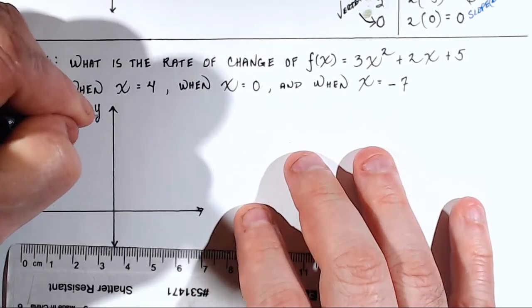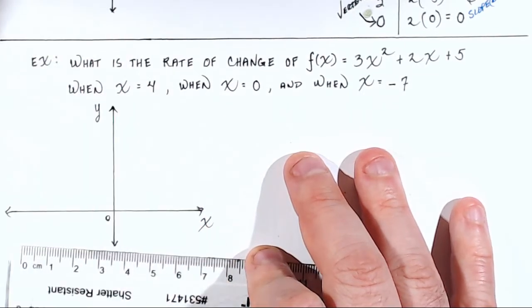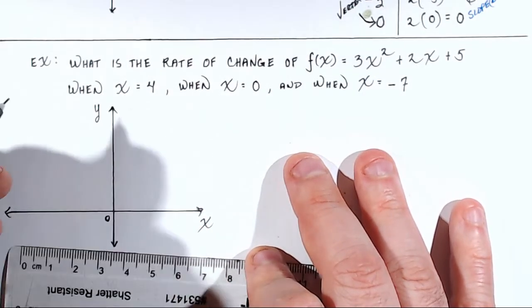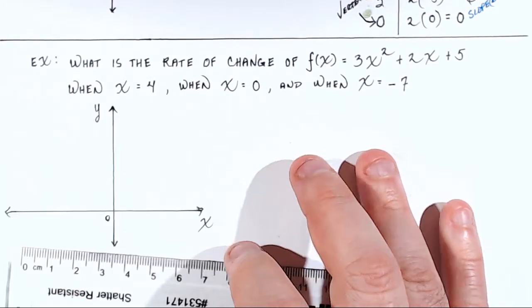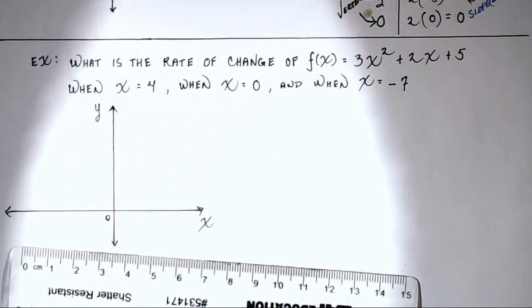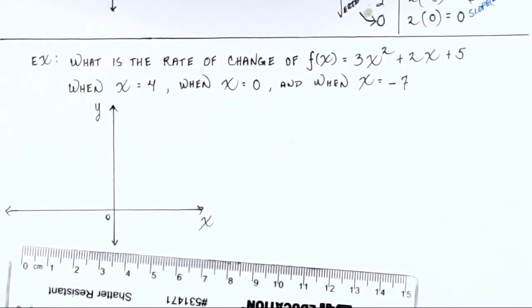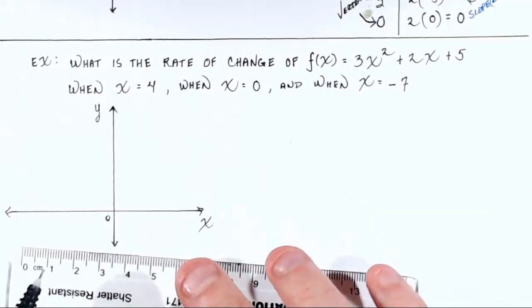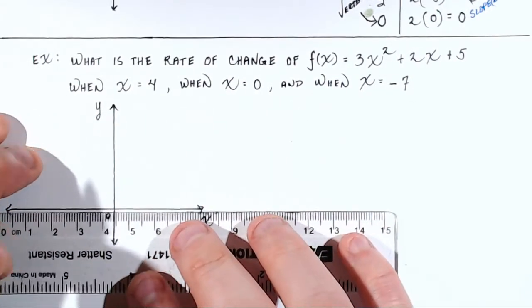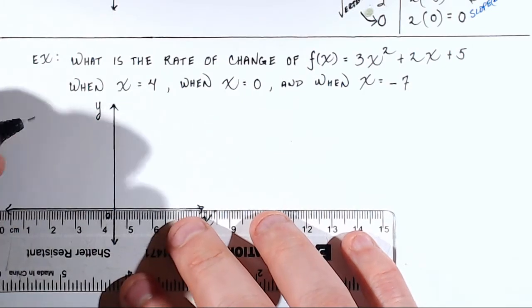So this is y, and this is x, and this is 0. What we'll do is we'll make a bigger demarcation.